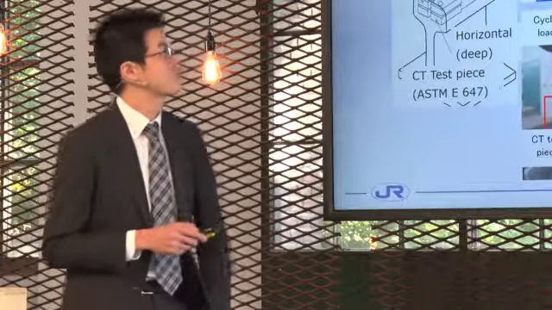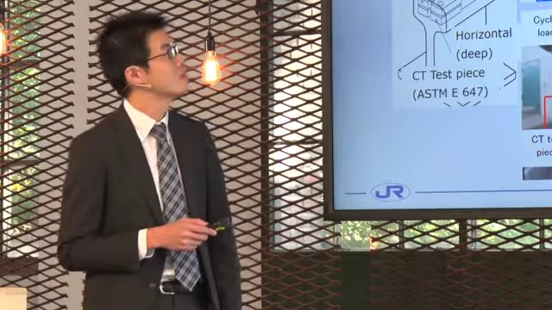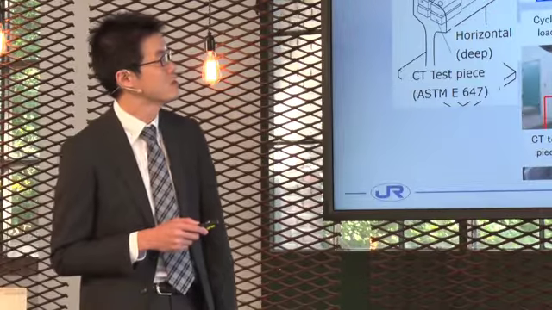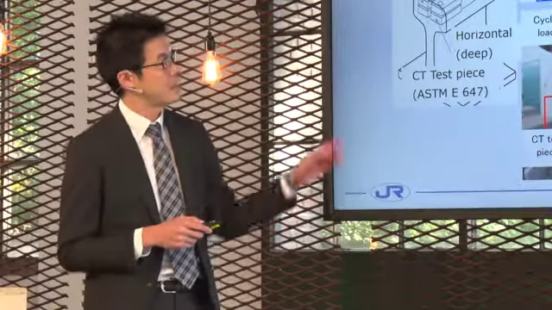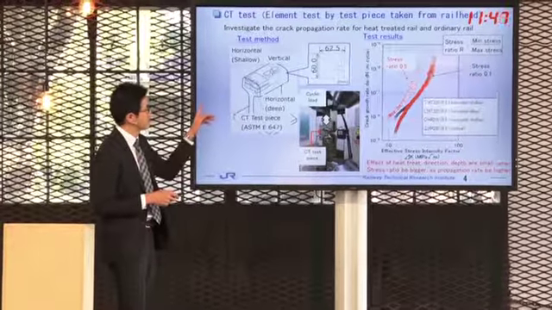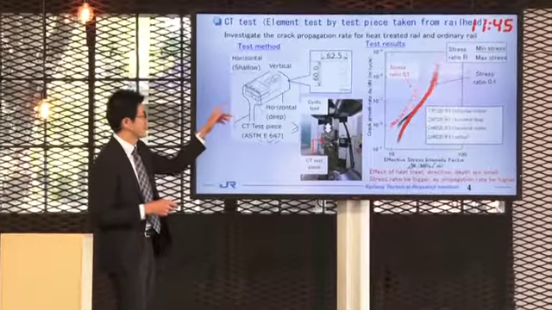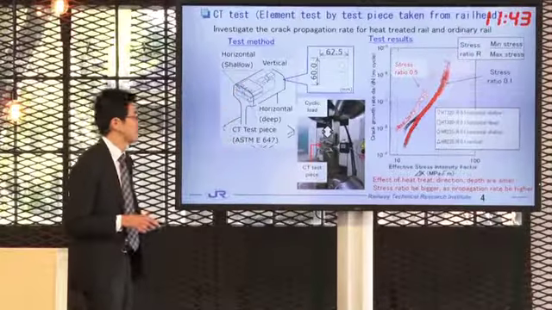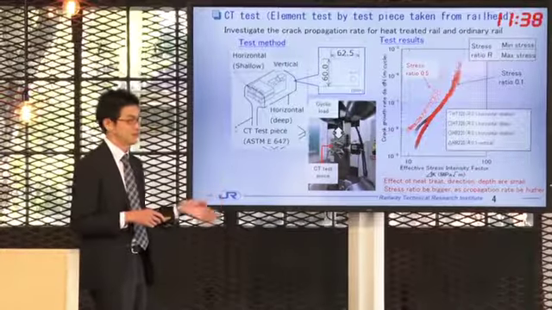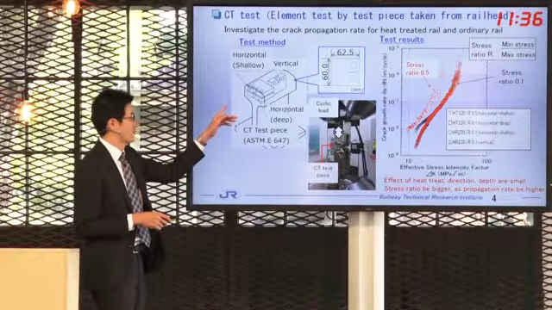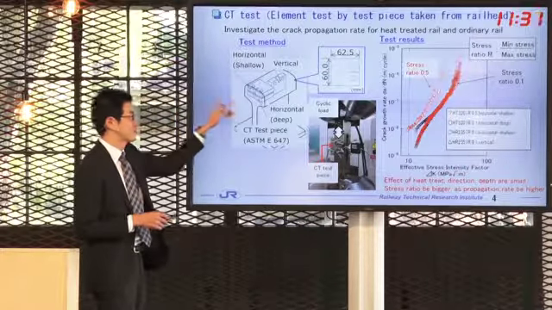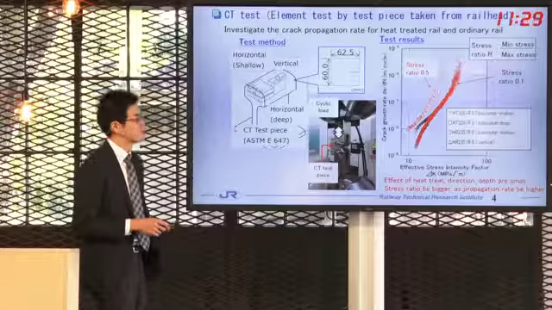So let's start with the CT test. The figure on the right shows the test method. We took the test specimens from the railhead, in the horizontal and also vertical directions. To evaluate the direction, and also the heat treatment, we took specimens from shallow and deep positions.